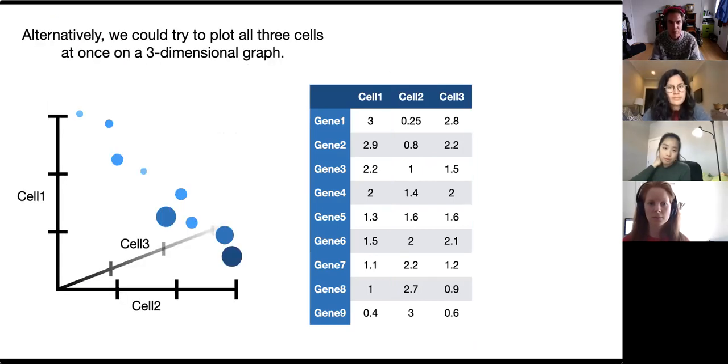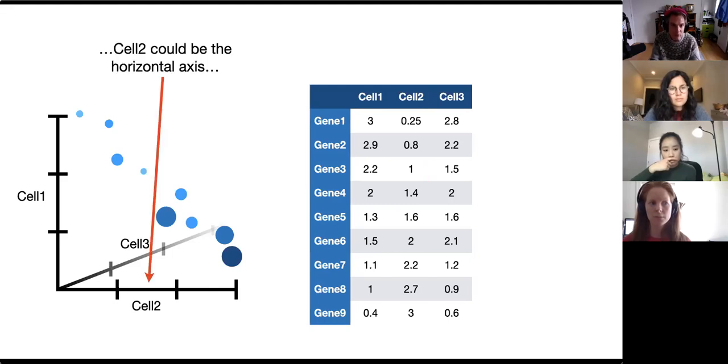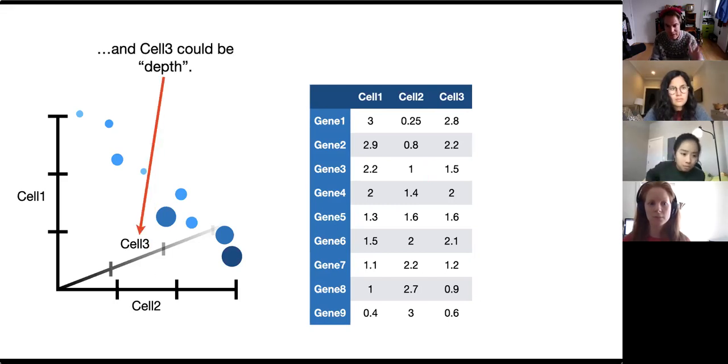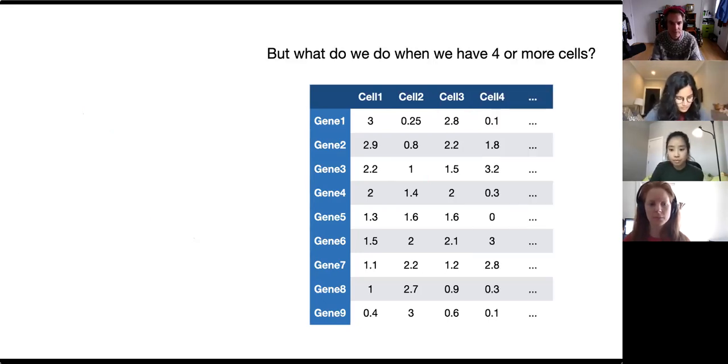Alternatively, we could try to plot all 3 cells at once in a 3-dimensional graph. So here we've got cell 1 on the y-axis, cell 2 on the x-axis, and cell 3 on the z-axis. Cell 1 could be the vertical, like I was just talking about. And again, cell 3 is that depth thing, which is kind of hard to imagine, but we're just going to go with it. We could then rotate the graph around to see how the cells are related to each other.